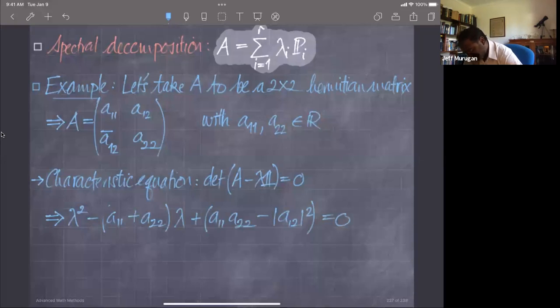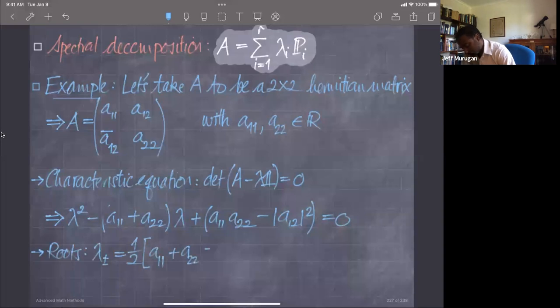This has roots, which I can solve quite easily because this is just a quadratic equation, and the roots are lambda plus or minus, which are a half of A11 plus A22 plus or minus the square root of (A11 minus A22) squared, just done some algebra here, plus 4 mod A12 squared.